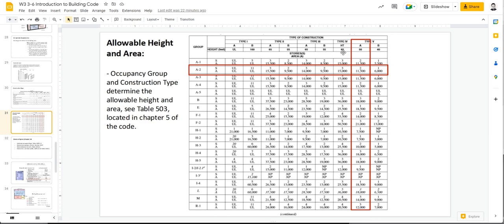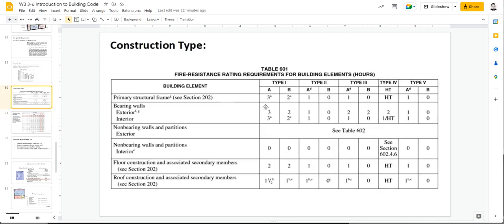It's just that it tells you that the height of the building will now be 3 stories. We look back at this one. If it's a type 4, the primary structure it's not rated, but it has a height requirement on it.